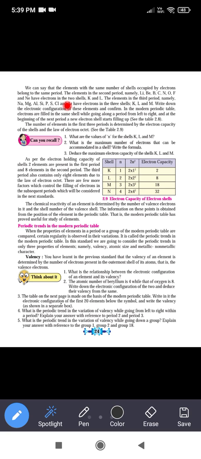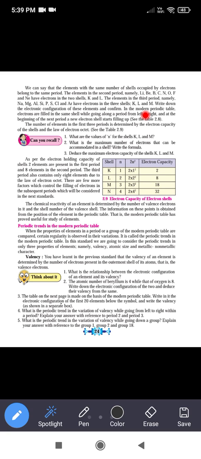The elements in the second period, namely lithium, beryllium, boron, carbon, nitrogen, oxygen, fluorine, and neon, have electrons in the two shells K and L. The elements in the third period, namely sodium, magnesium, aluminium, silicon, phosphorus, sulfur, chlorine, and argon, have electrons in three shells, that is shells K, L, and M. Here the K shell is completely filled, the L shell is completely filled and M is incompletely filled.